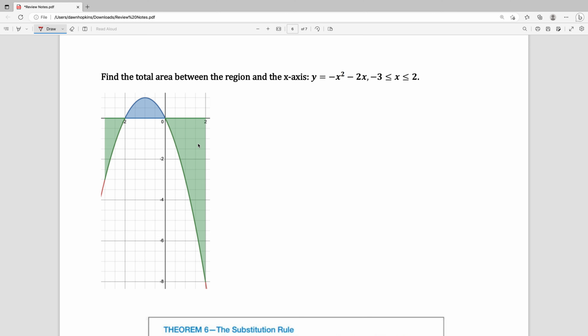Before we get to that, I want to just integrate this function. Let's go ahead and just get what that is going to look like. So if I integrate -x squared minus 2x dx, so I don't have an upper or lower bound here, just going to look at what this ends up being. The negative will just come in front of our answer here. If we look at x squared, it's going to be x cubed over 3.